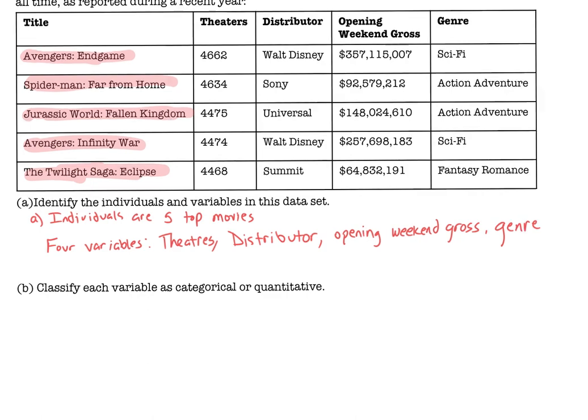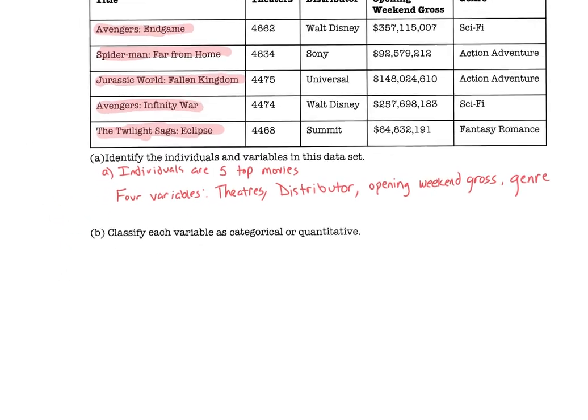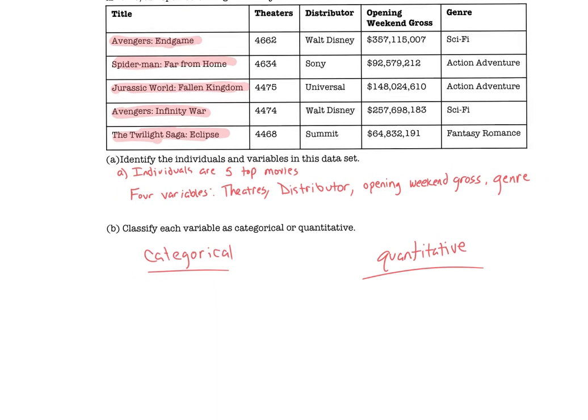Now we want to take those and we want to classify them as to whether they are categorical or quantitative. Now remember, categorical is a label. Quantitative is numerical in value. Okay, so categorical would simply be something that takes on a label.